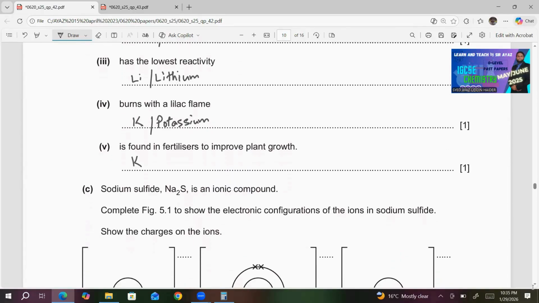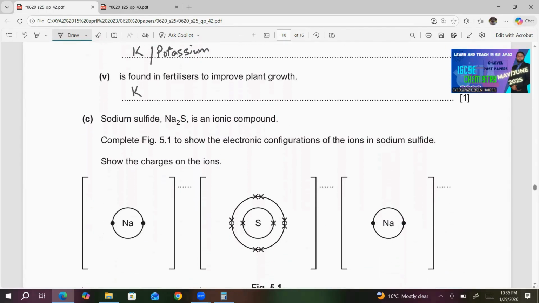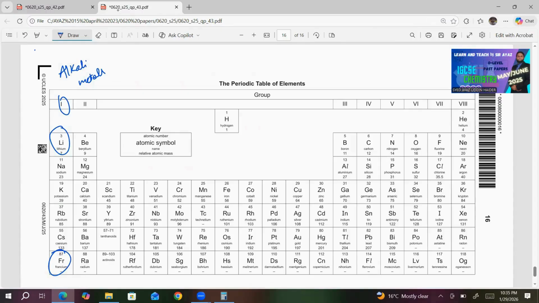C. Sodium sulfide Na2S is an ionic compound. Complete figure 5.1 to show the electronic configurations of the ions in sodium sulfide. Show the charges on the ions. So sodium is in group 1 here, and it has 1 valence electron.